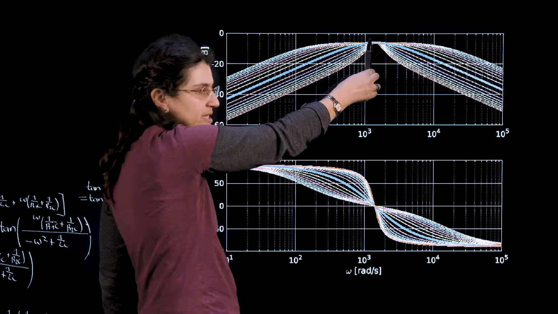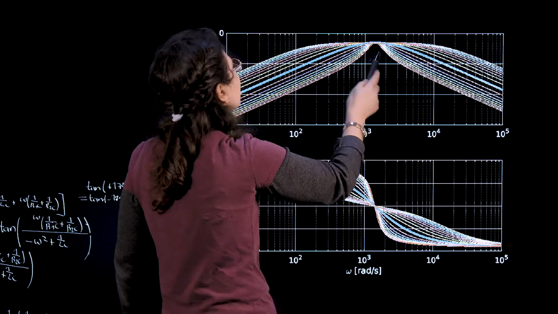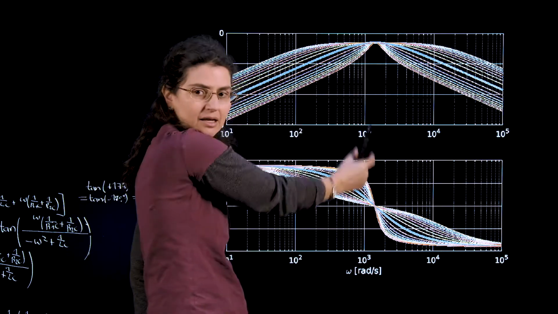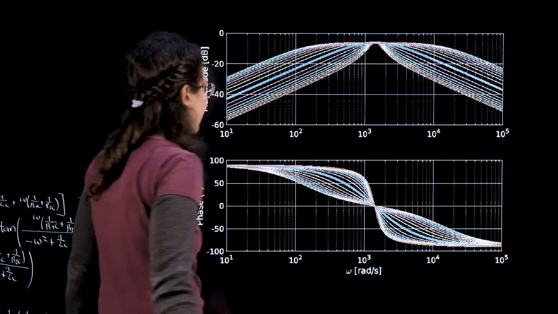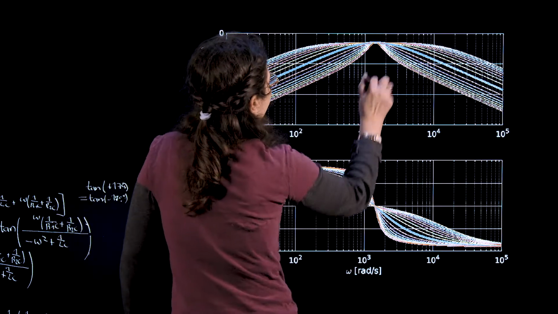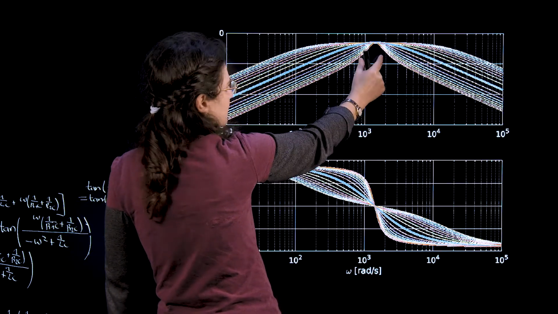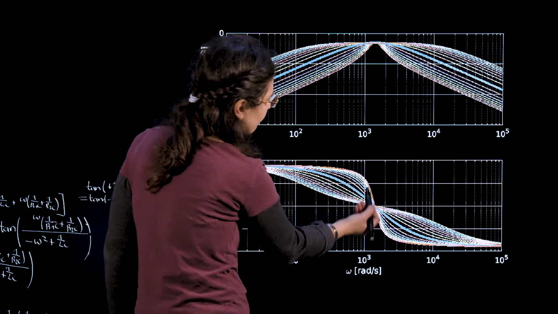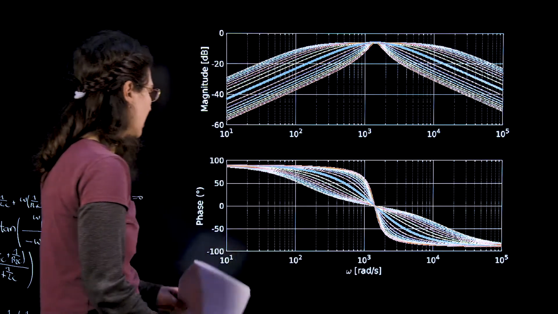It doesn't increase in amplitude, but it's sharper. So the Q factor, which is basically a measure of how thin my peak is, becomes higher, because when my Q factor is higher, it means that my peak is thinner, and my phase curve becomes sharper at resonance here.